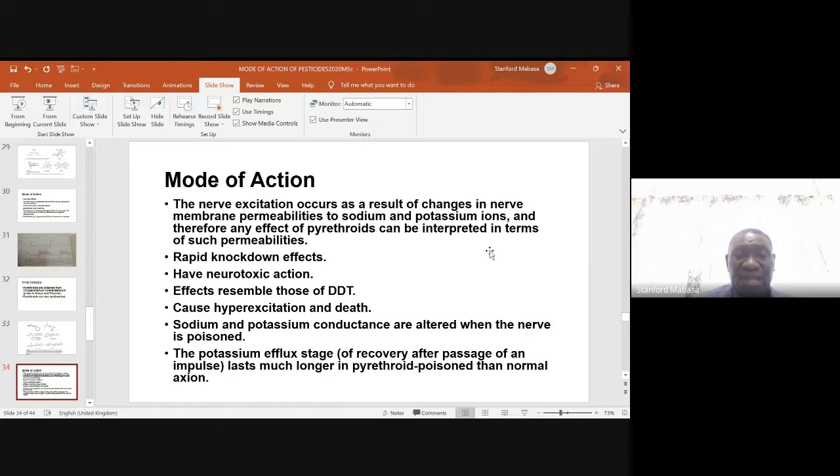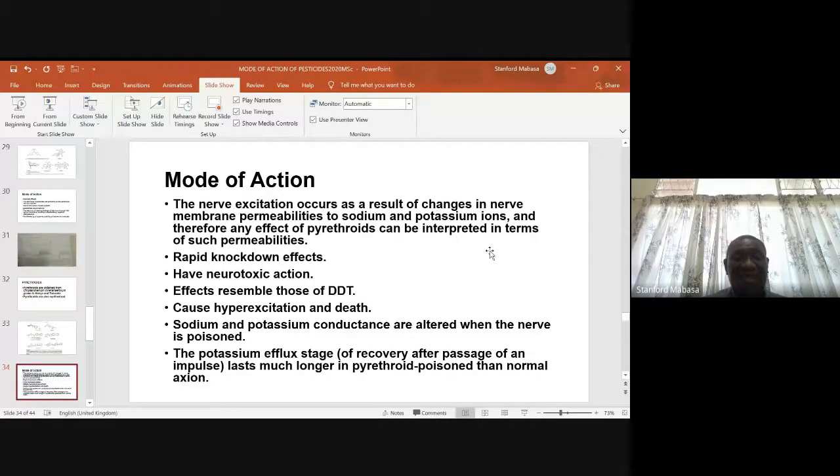So the potassium efflux stage of recovery after passage of an impulse may last much longer in the pyrethroid-poisoned nerve than in normal action. This is why it causes this hyperexcitation.